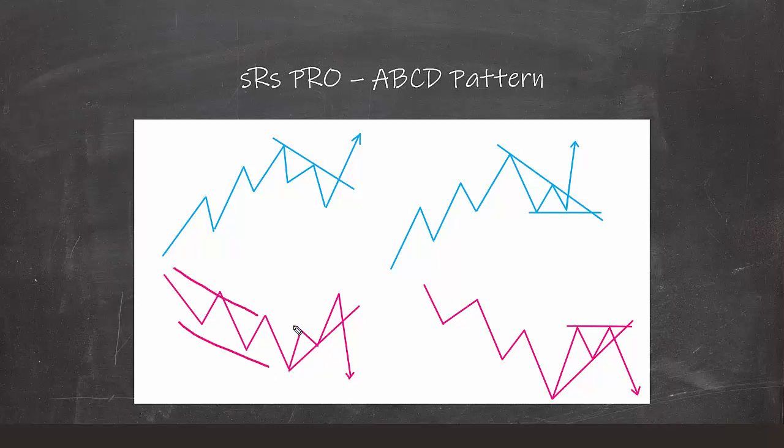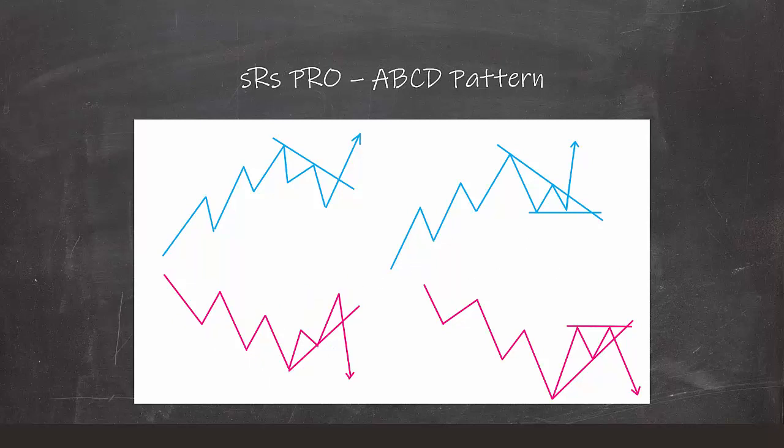First of all, we define a downtrend, and then A, B, C, D. Now, in a downtrend, the ABCD is a corrective cycle, so it is against the downtrend before, right? It's going up. D is above B, C is above A. So the ABCD is against the trending structure. 4 points, 2 higher highs, 2 higher lows.